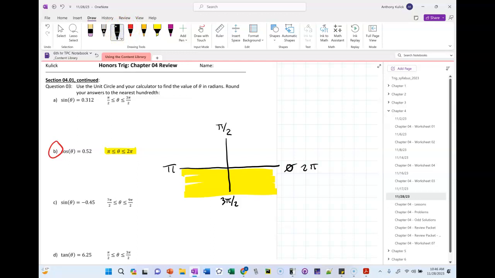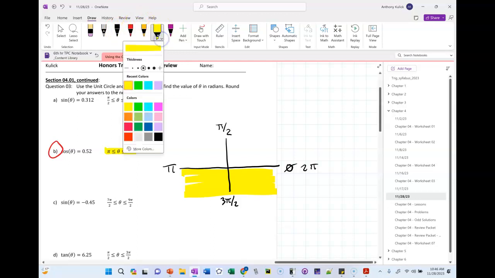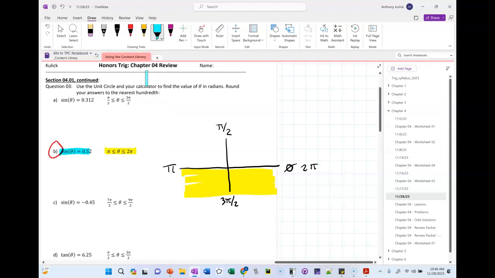Then I'm going to notice here, to figure out the second part, cosine is positive, right? So I remember from All Silly Turtles Crawl, cosine is positive in quadrants 1 and 4.